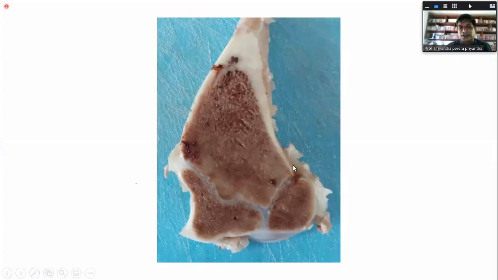You call it splaying, right? The entire thing gets widened, it's splaying, right? And whatever metaphysis is formed gets resorbed by increased osteoclastic action because of increased parathyroid hormone. So the edge of the metaphysis becomes ragged, an irregular edge. What do you call it? Fraying.